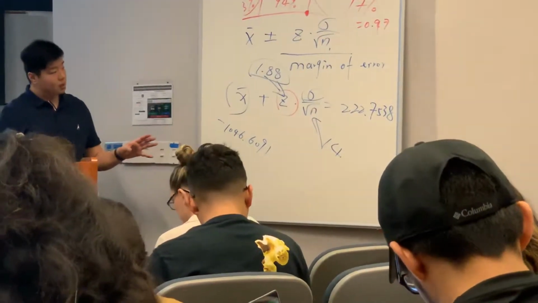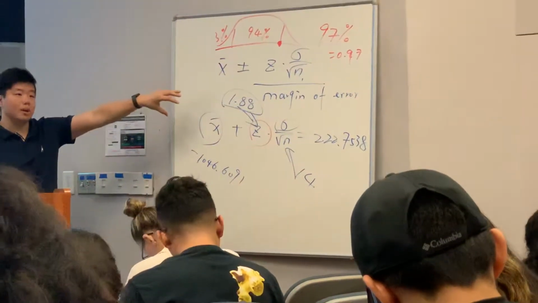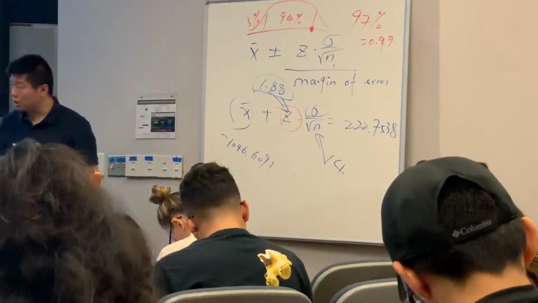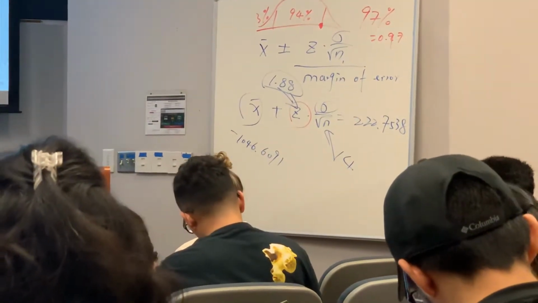Now I have everything except my sigma, so I solve this equation for sigma.